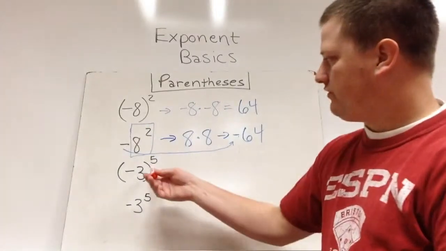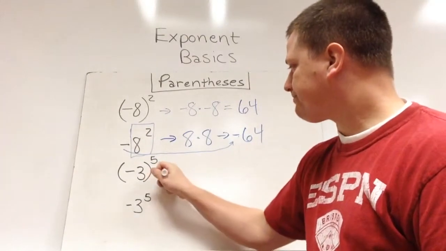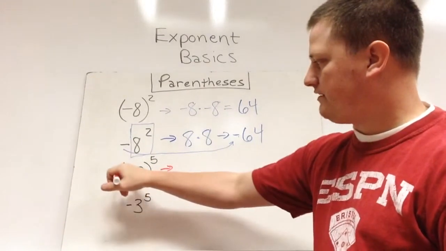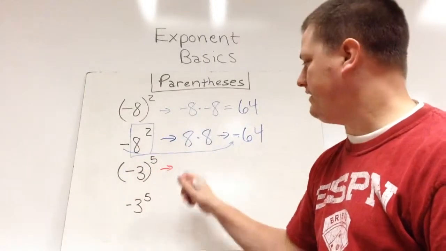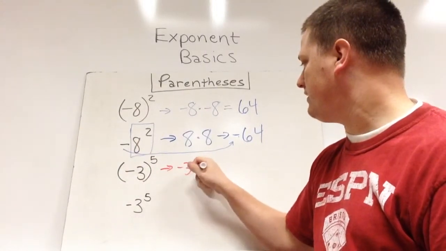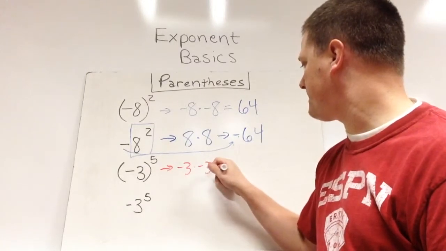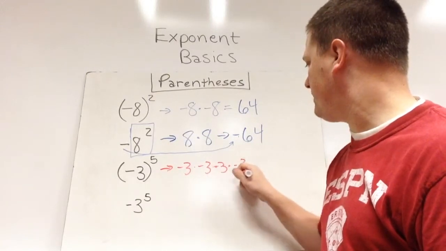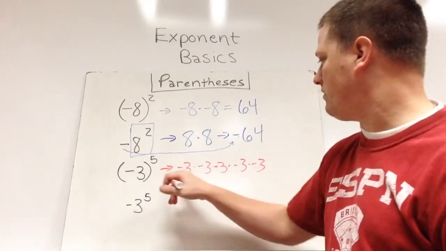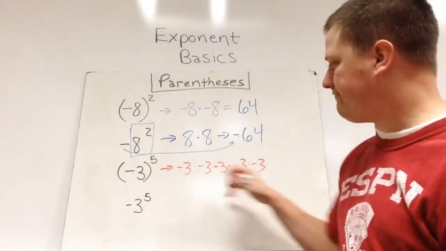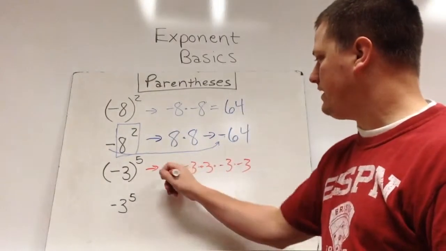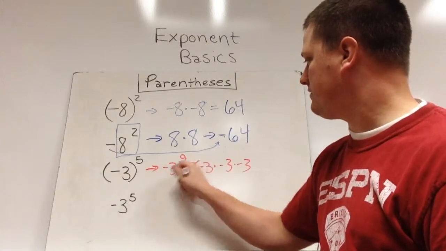Alright, so let's use the same idea for this bottom one. Because of the parentheses around it, we need to have the negative repeat. -3, -3, -3, times -3, times -3. So 1, 2, 3, 4, 5. We have 5 -3s here. -3 and -3 make 9.